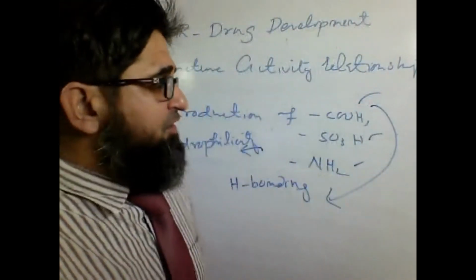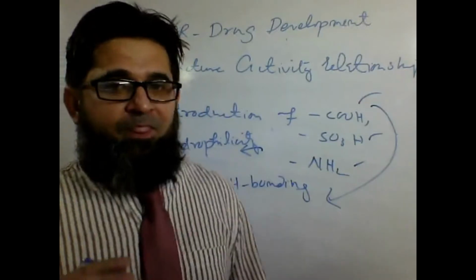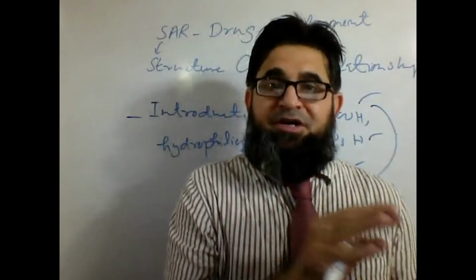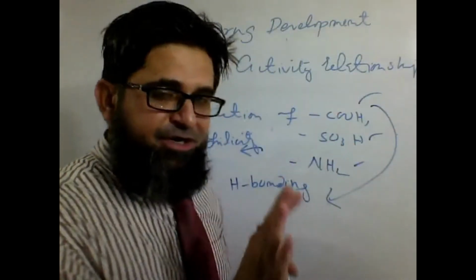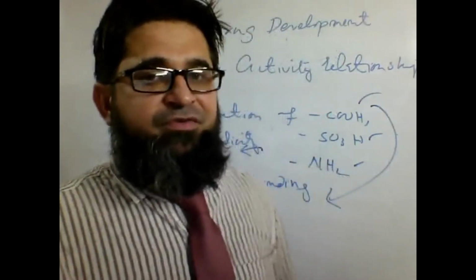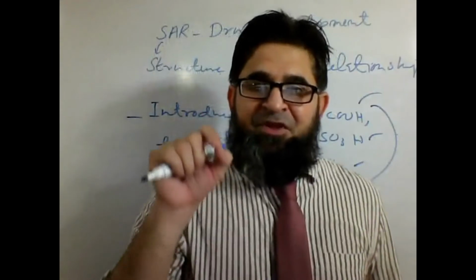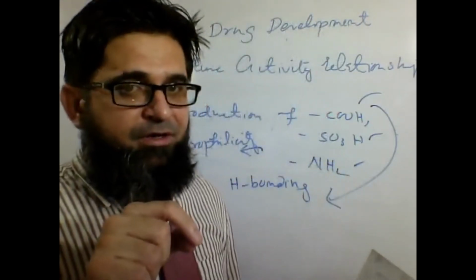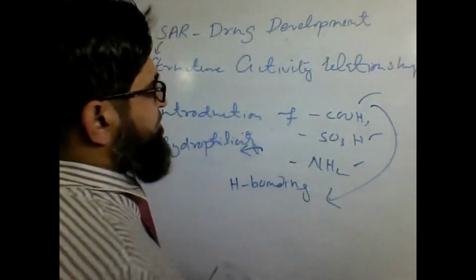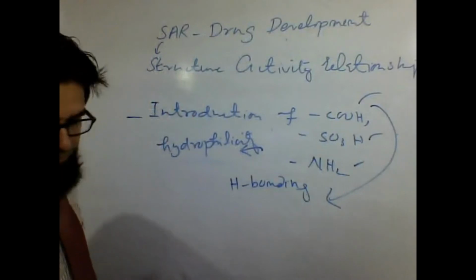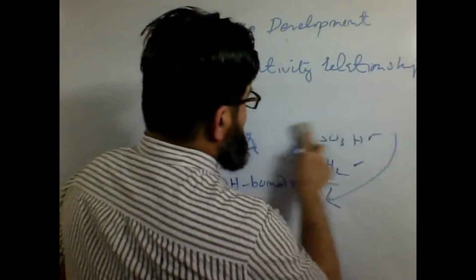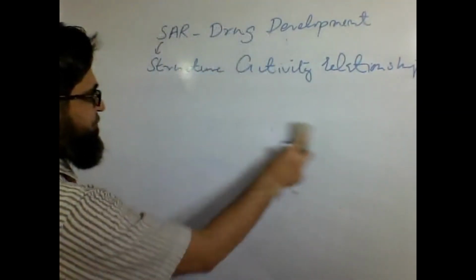They will have to develop their binding with the target. That could be through electrostatic interaction, through covalent bonding, or through hydrogen bondings. Okay, so if a drug is going to attack its target through hydrogen bonding or electrostatic interactions, we need to have some acidic or basic components introduced in that lead molecule. So this is how we could play around with the chemistry of the lead molecules by introducing acidic and basic groups.